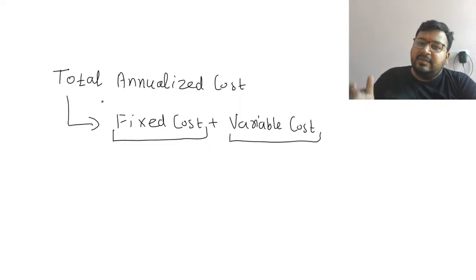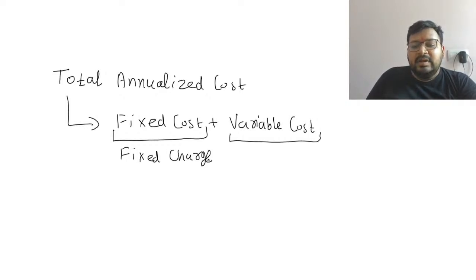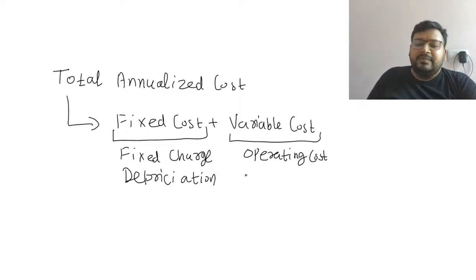As the plant runs, the money gets spent on a daily basis, that is known as the variable cost. The fixed cost can also be called the fixed charge, or depreciation. The variable cost can also be called the operating cost. So there are many names.